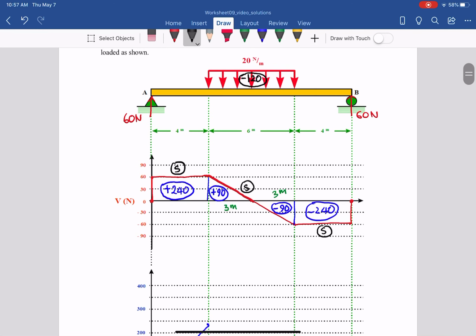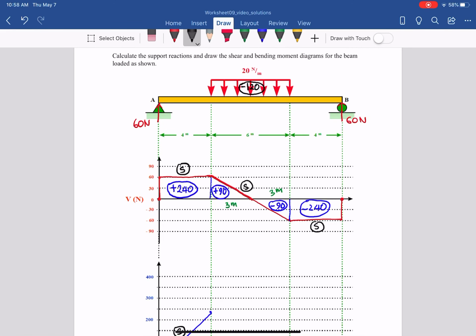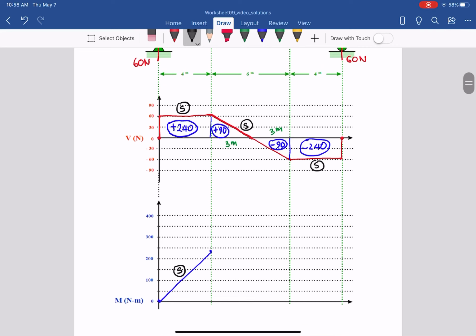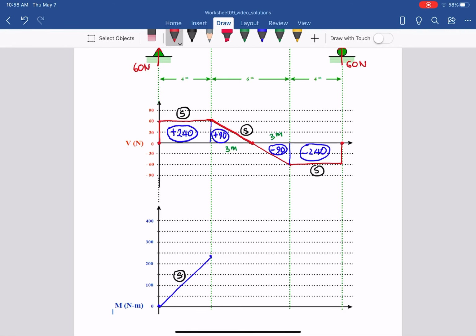Now in the middle 6 meters, as you can see, with a uniform distributed load, the slope of the shear equals the magnitude of the distributed load, that is 20 Newton per meter, and the slope of the moment diagram equals the magnitude of the shear. The shear is changing, you can see from 60 here to 0 there. So the slope changes. Since the distributed load is uniform, it becomes a parabola for the moment.